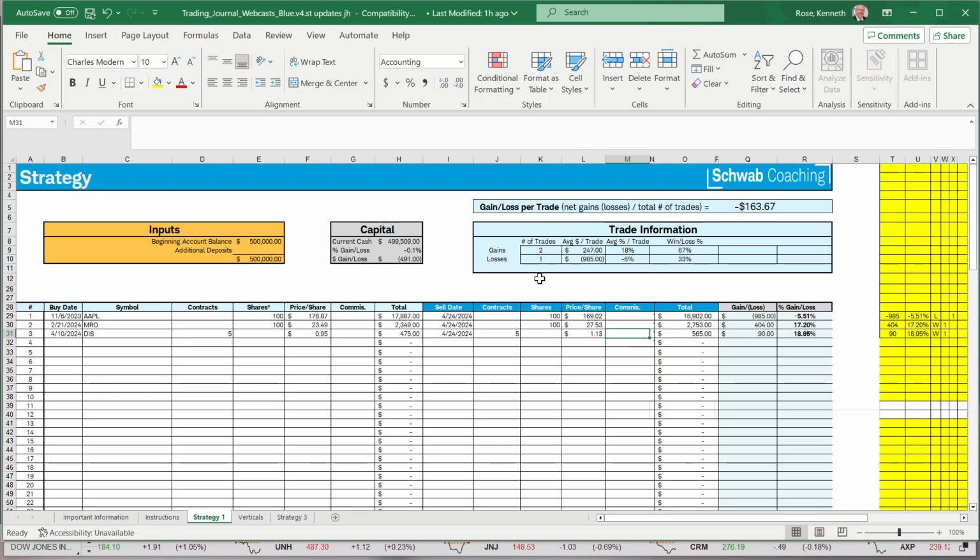So with regards to percentage, we've got 2 gain trades and 1 losing trade. With regards to our win-loss percentage right here, we're looking at about 67% winning trades and 33% losing trades, just doing the math here, okay? Well, that's it, investors. It's basically just that simple and just that straightforward.